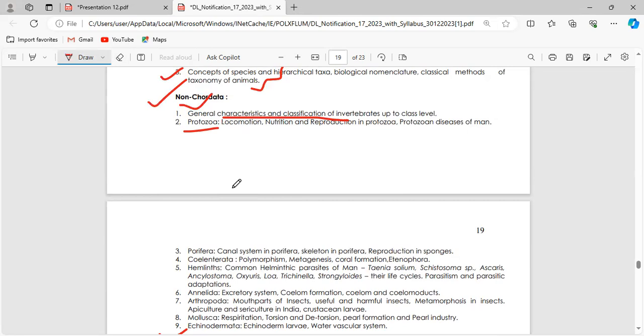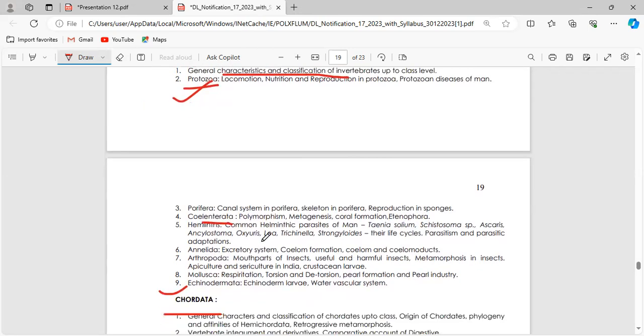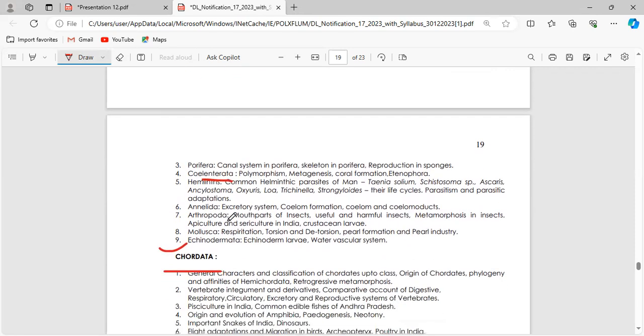If you know the general characteristics of Protozoa, you can understand why amoeba is placed under Protozoa. If you know the general characteristics of Coelenterata, you understand why corals are placed under Coelenterata.